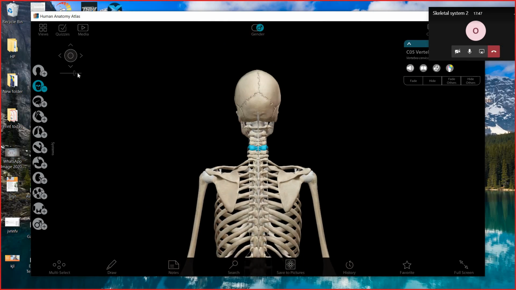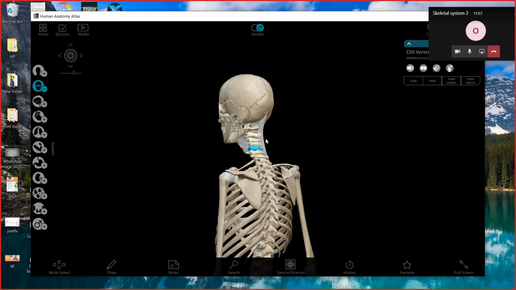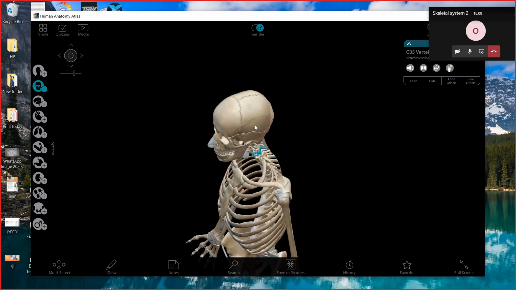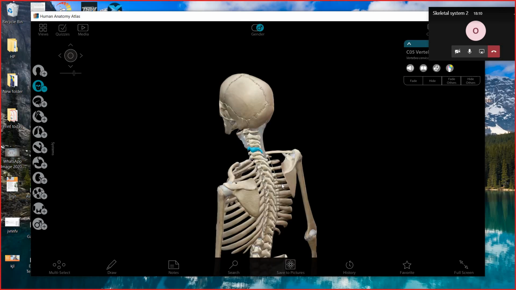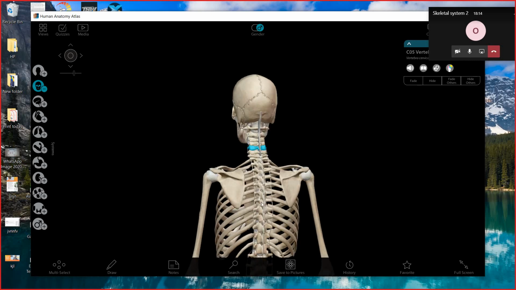So the vertebral column or the backbone is composed of 33 vertebra, and mainly the function of the backbone is to protect the spinal cord. Spinal cord. Okay? So the skull protects the brain, and the backbone or the vertebral column protects the spinal cord, which is from the central nervous system.